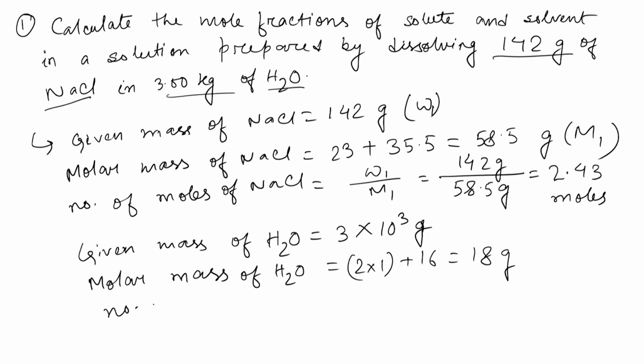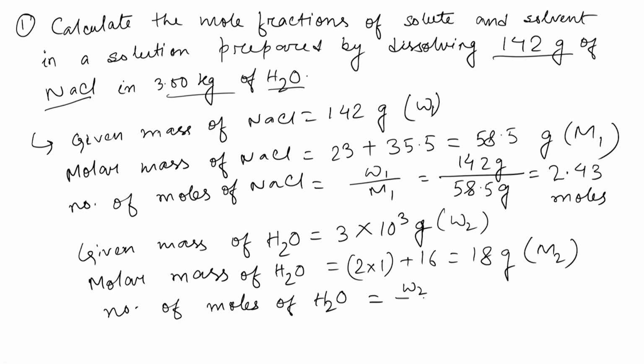So, the number of moles of water is, if this is W2 and this is M2, then W2 by M2, that is 3000 grams divided by 18 grams, which comes as 166.67 moles.